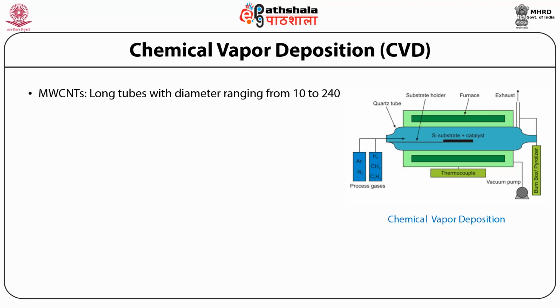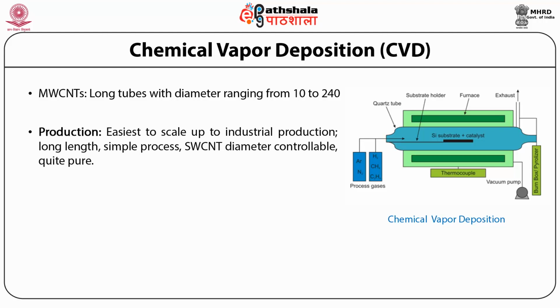It is very easy to scale up to an industrial product in this case. The length of the nanotubes is quite long. This process is simple, and single-walled carbon nanotubes can also be controlled and produced effectively. Therefore, this is a very reliable, low cost method to grow bulk amounts of single-walled and multi-walled carbon nanotubes.